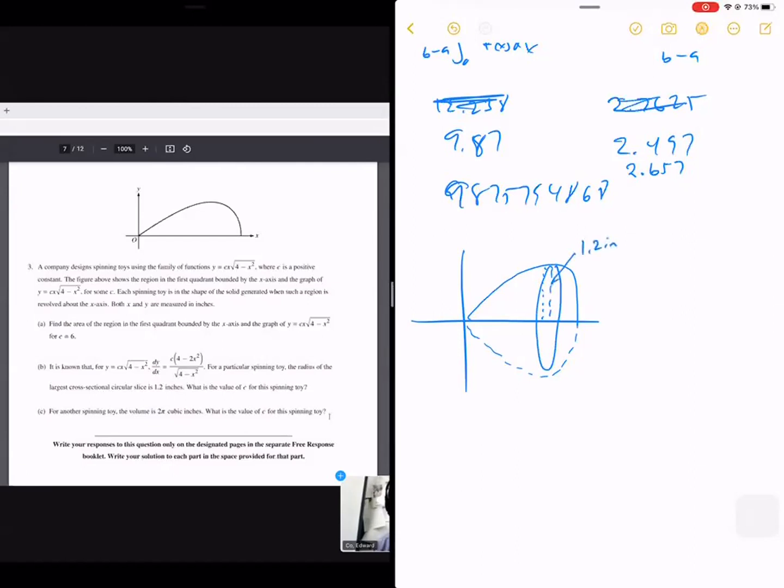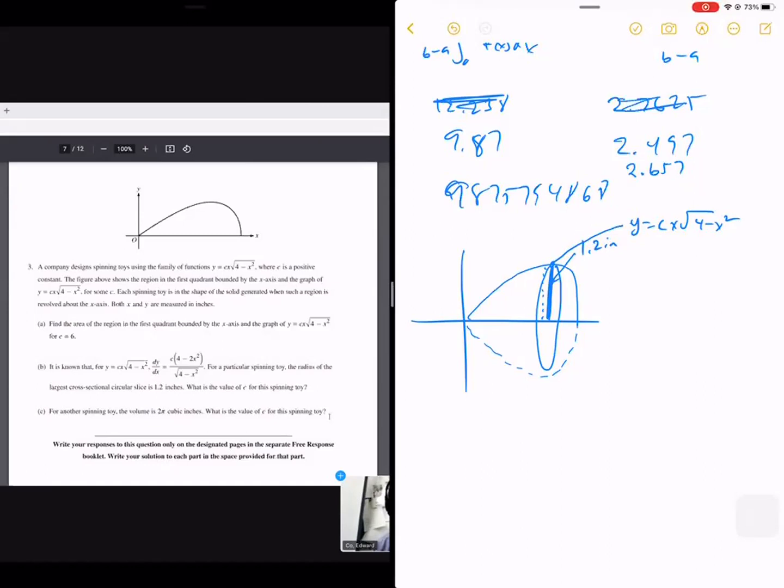What is the value of c for the spinning toy? So one thing we know is that this equation is y is equal to cx square root of 4 minus x squared. Okay, I know that for sure. And then they told us that the radius of the largest cross-sectional circular slice, so this value here, is going to be 1.2 inches. What is the value c for the spinning toy?